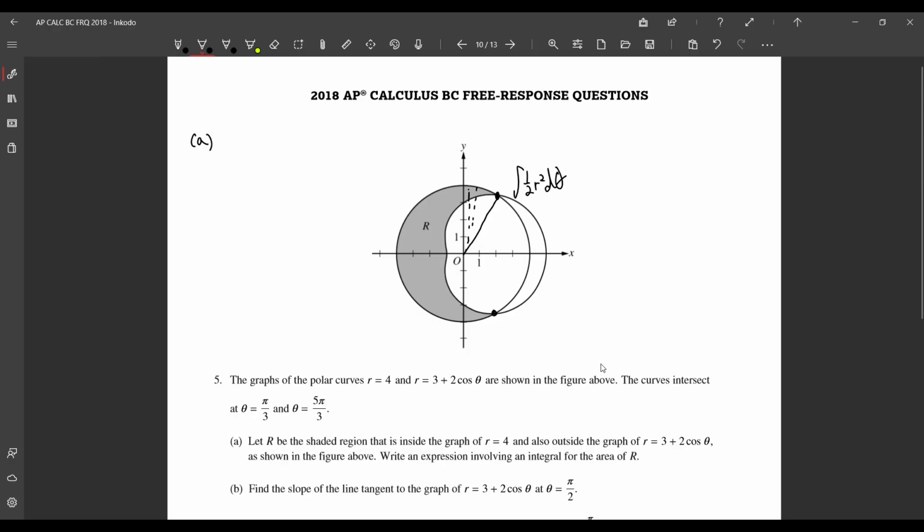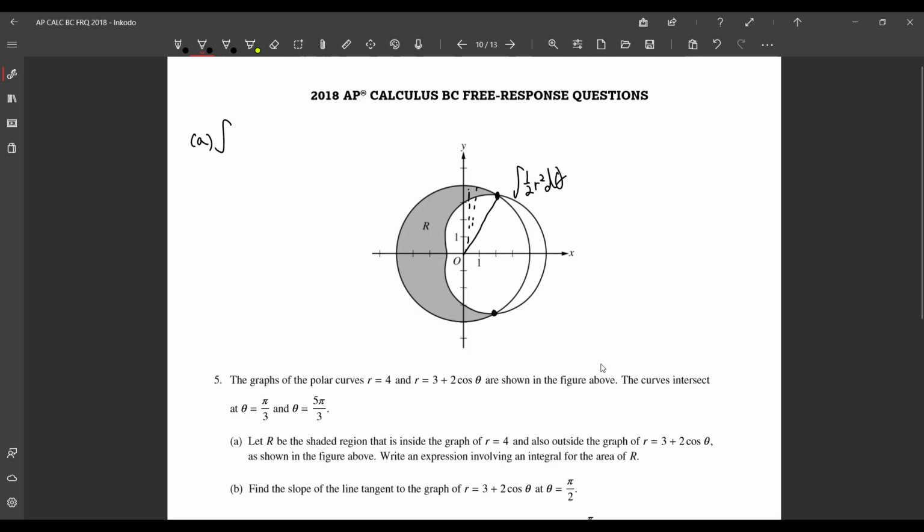And I think since the curves are nice in this region, what I can do is just subtract. I don't want to do r1 minus r2 quantity squared, but I do r1 squared minus r2 squared.